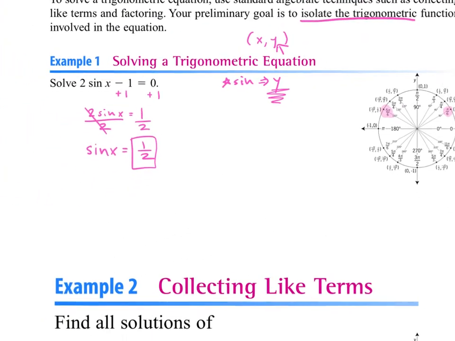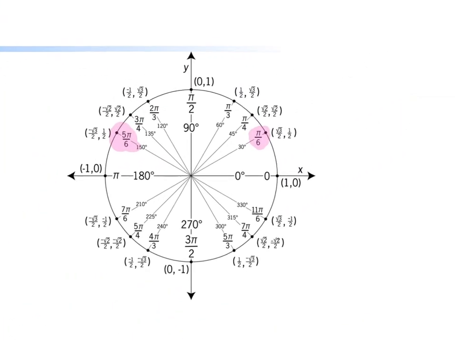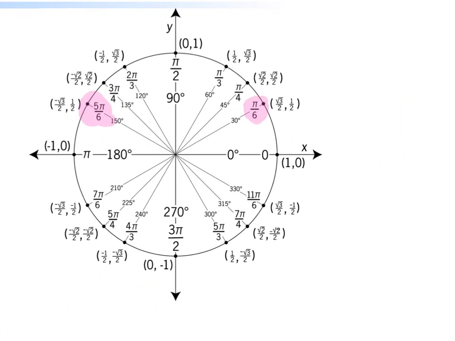So our answer here would be x is equal to pi over 6, and x is equal to 5 pi over 6. So we had sine of x is equal to 1/2. That 1/2 refers to our y value.